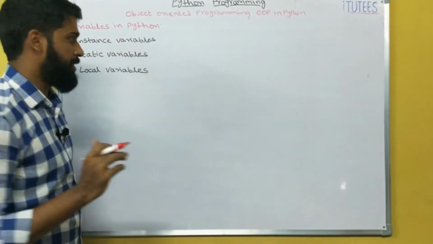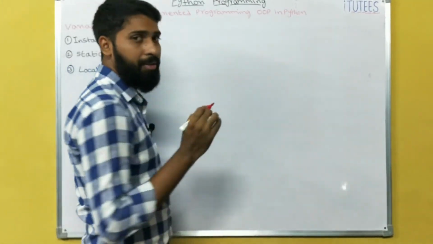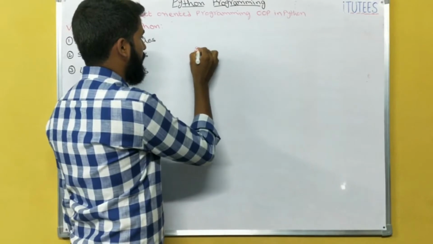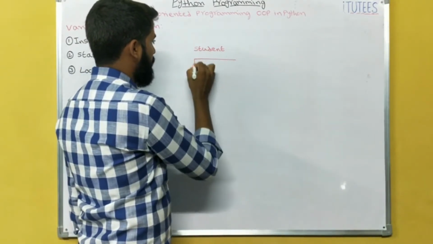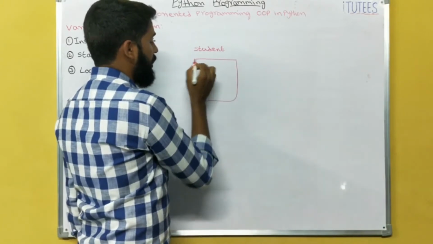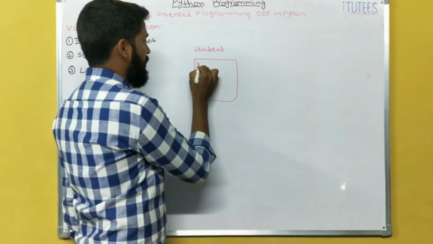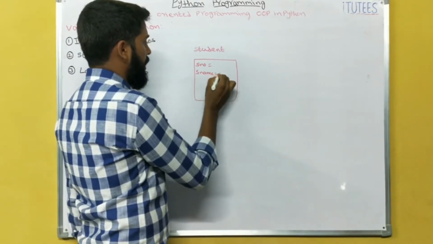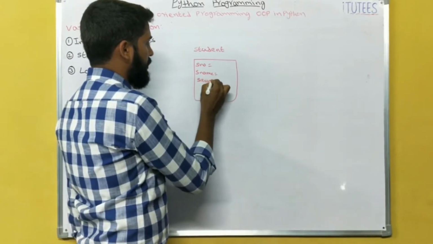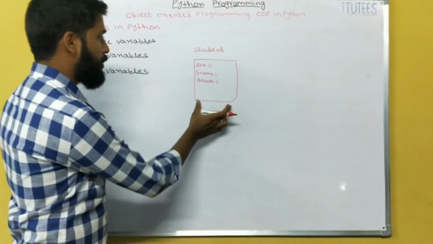For example, in the previous class we saw student. In student, we are going to define three instance variables: snumber, sname, and squalification. So this is the student class.